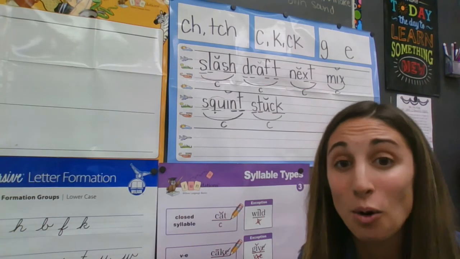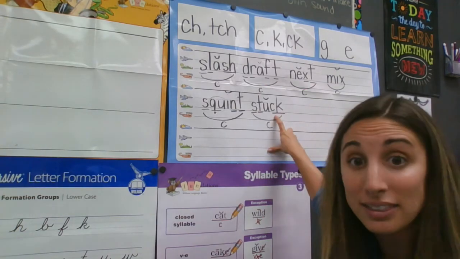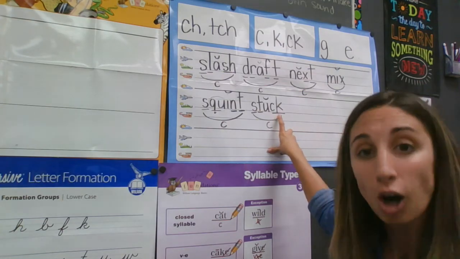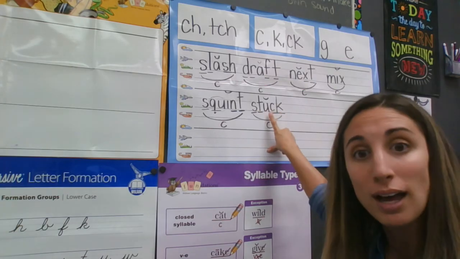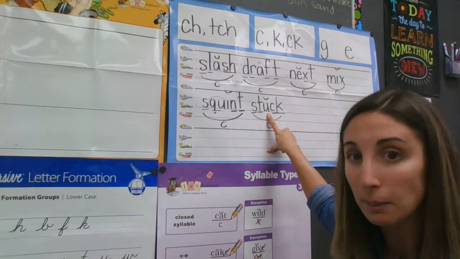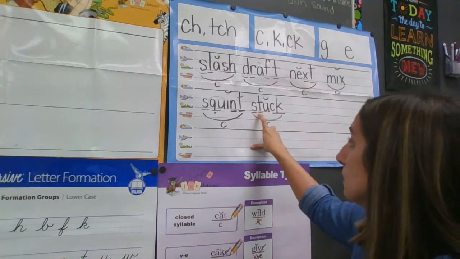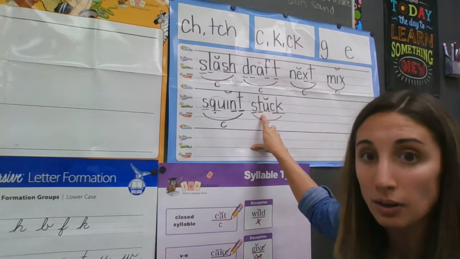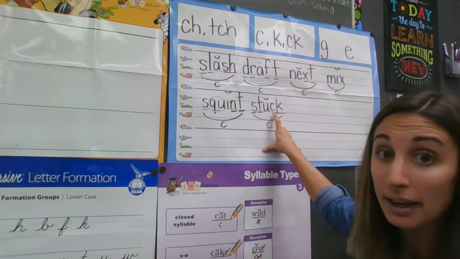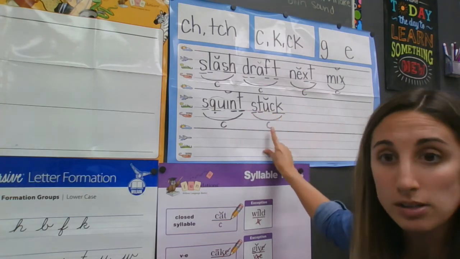Okay, hopefully for the k sound at the end, you remember to use our digraph CK because it's following what? A short vowel. That's the rule we've been talking about. Check it out, did you remember the blend at the beginning? Okay, you put the breve, and then remember for a digraph, it's just one underline. And this too is a closed syllable.